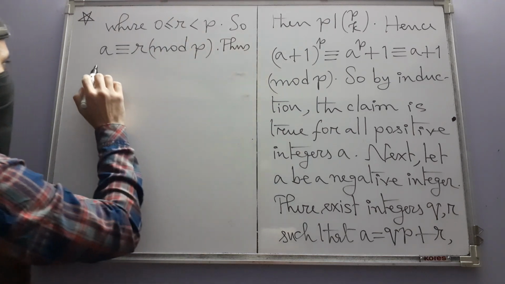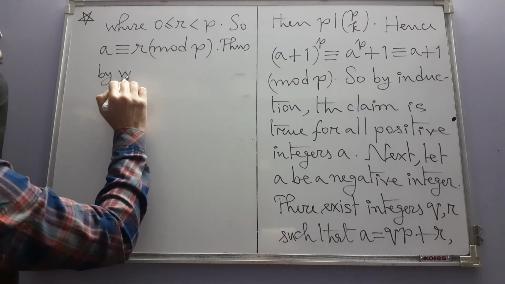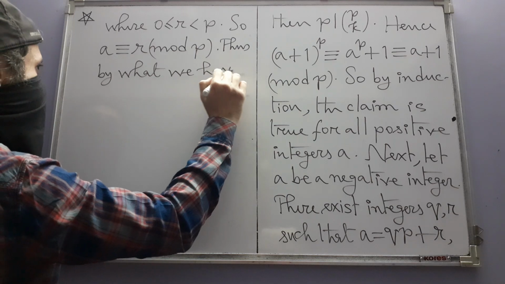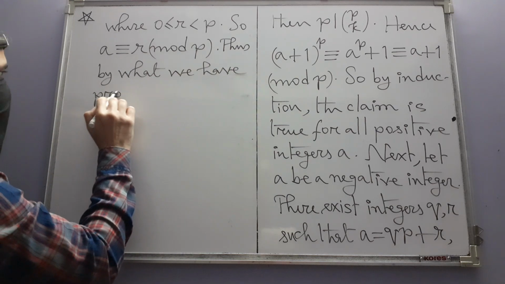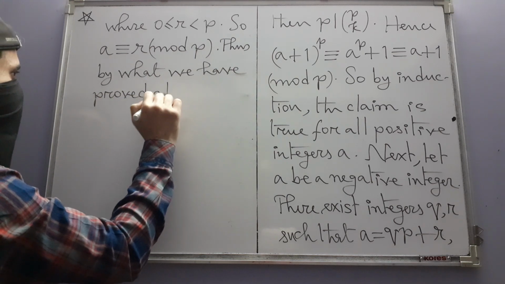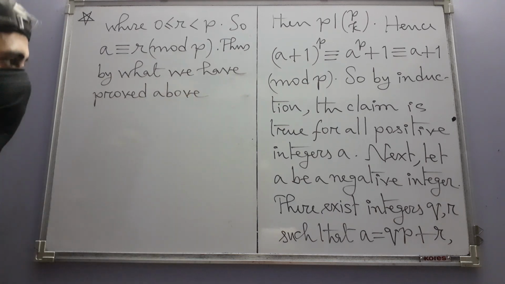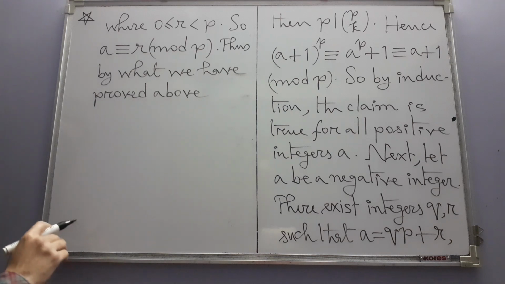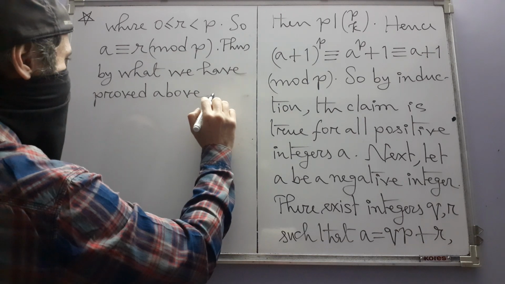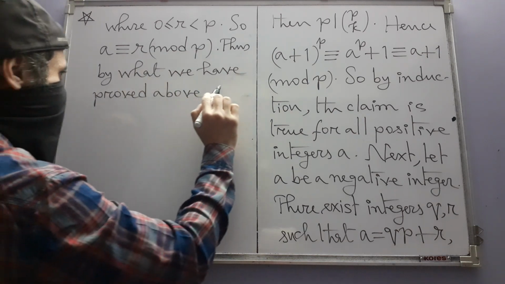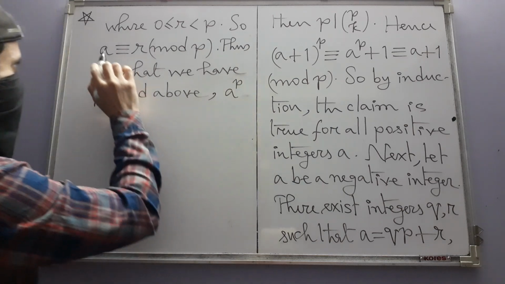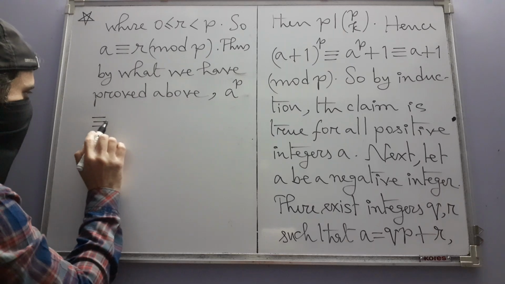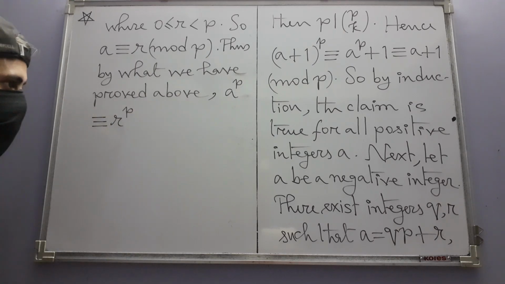Thus, by what we have proved above, that means our claim we have proved for non-negative integers. Now we can use that here. Since a is congruent to r, the pth power of a is congruent to the pth power of r.